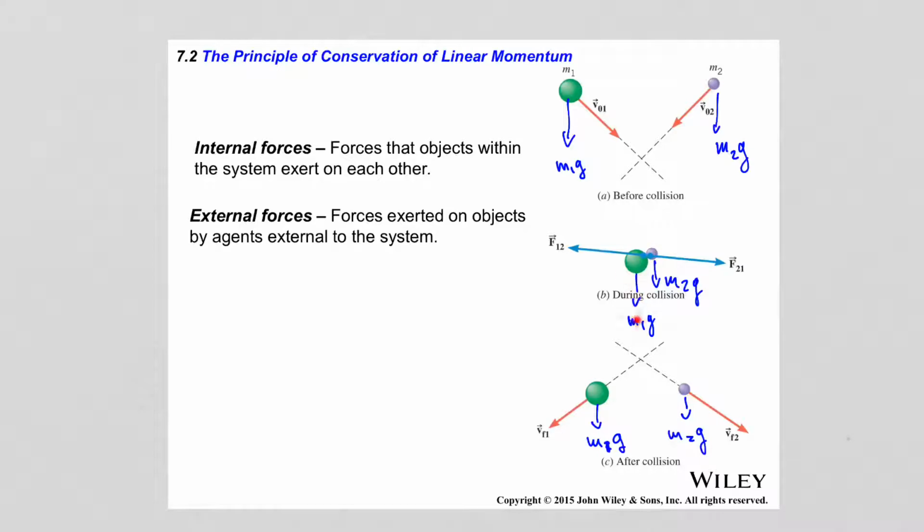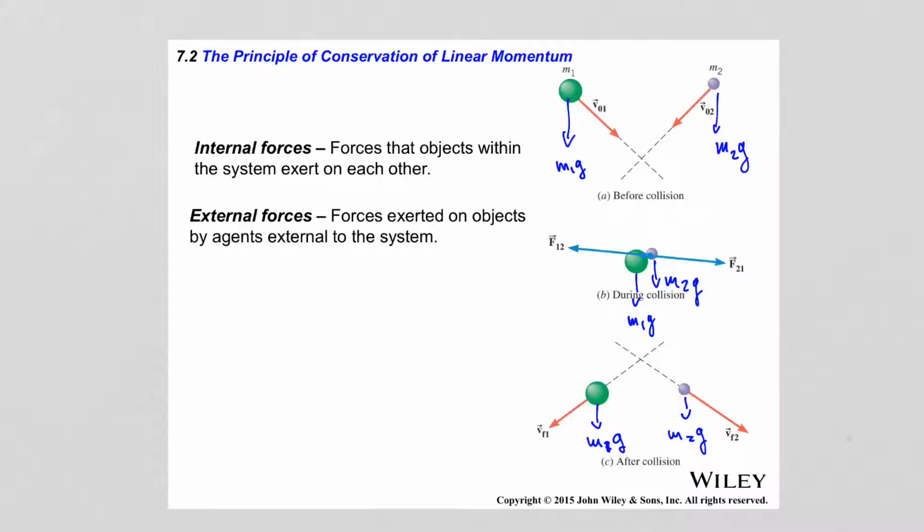When the two spheres collide with each other, the two gravitational forces are still present, and after the spheres move away from each other, after collision, the two gravitational forces are still present. So the two gravitational forces are external forces for the system. They come from the interaction with Earth, which is not part of the system.